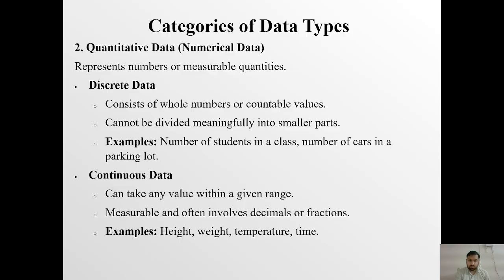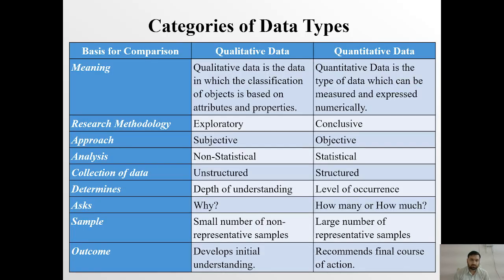Continuous data can take any value within a given range. Measurement, and often involves decimals or fractions. Examples height, weight, temperature, time. These are the different categories of the data types.